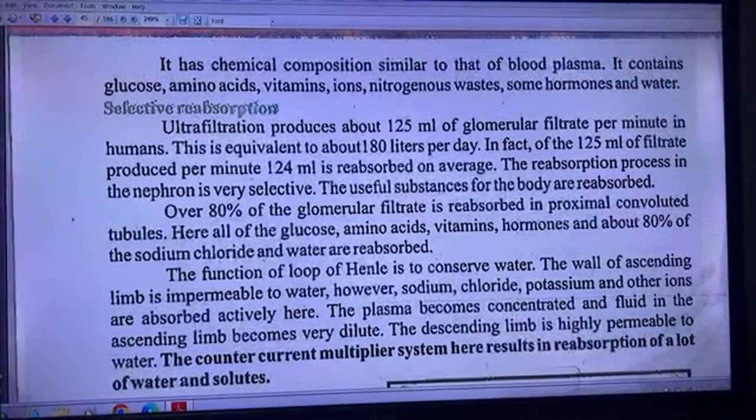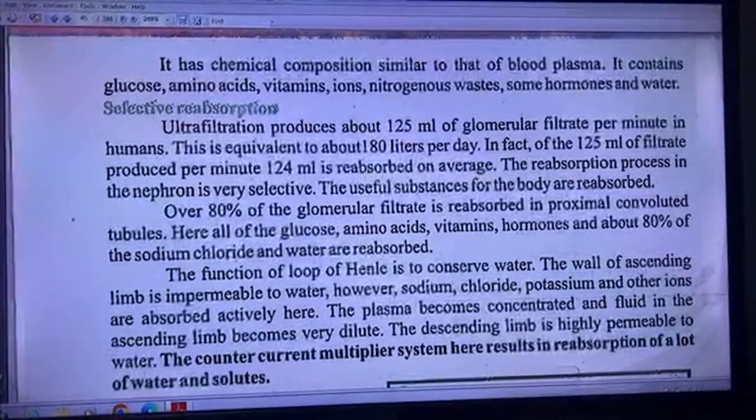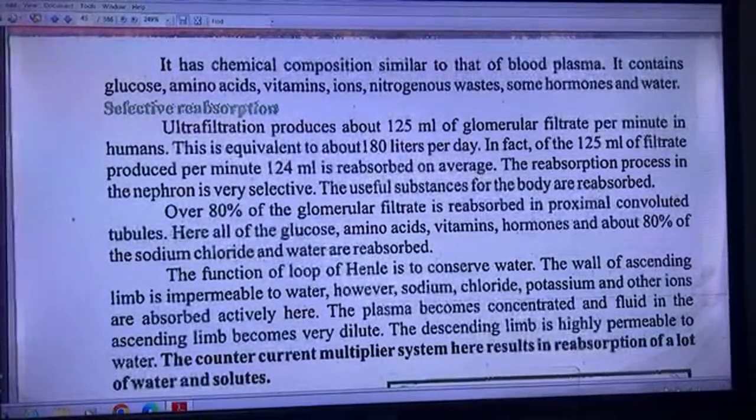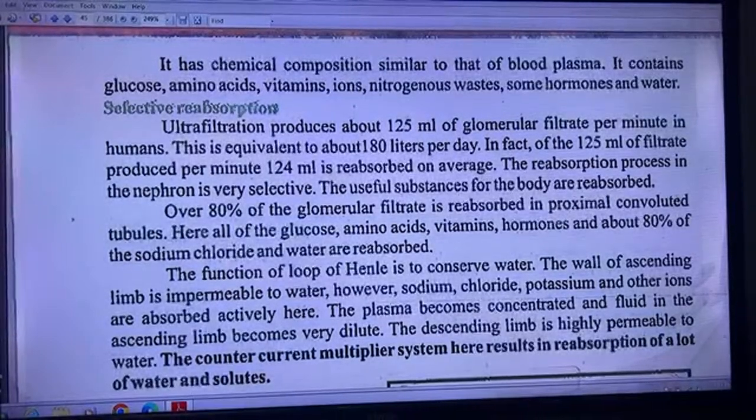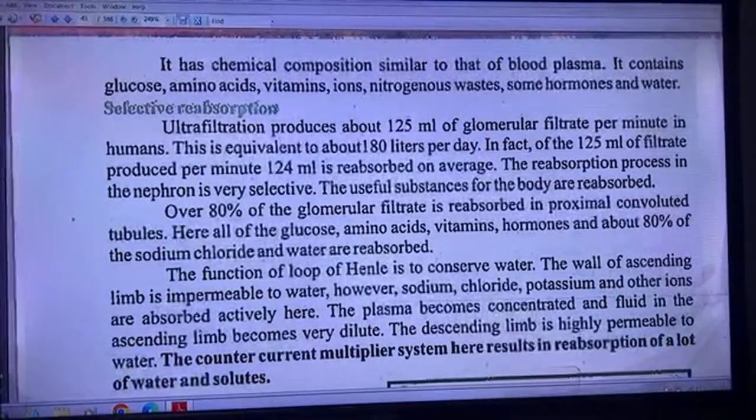Selective reabsorption. Ultrafiltration produces about 125 ml of glomerular filtrate per minute in humans. This is equivalent to about 180 liters per day. In fact, of the 125 milliliters of filtrate produced per minute, 124 milliliters is reabsorbed on average.